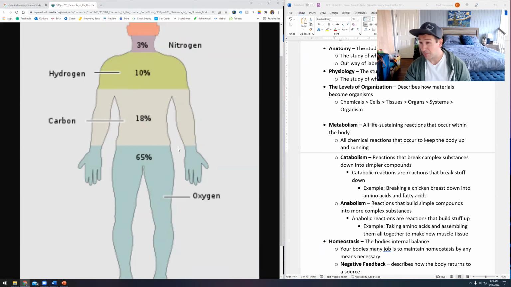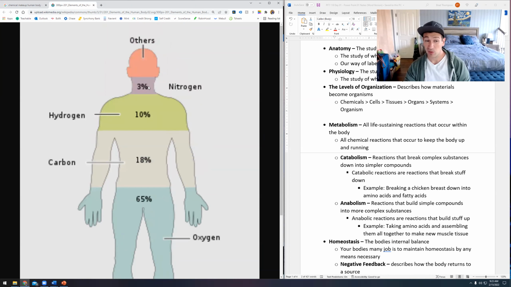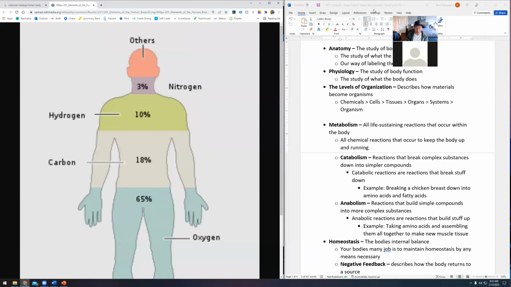So that's 75% water right there off the bat. You got a little bit of carbon, making up a lot of your body. Carbon is this really cool element that likes to bond to lots of stuff, making new pieces of you. You're only 3% nitrogen, which might not sound that crazy to you, but for my students who have been through nutrition, you look at us and you're like, oh, that's a lot of protein, and it is.